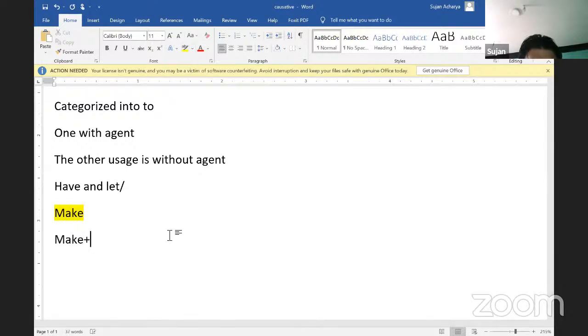Number one, make plus agent always takes V1. Causative verbs with agent.